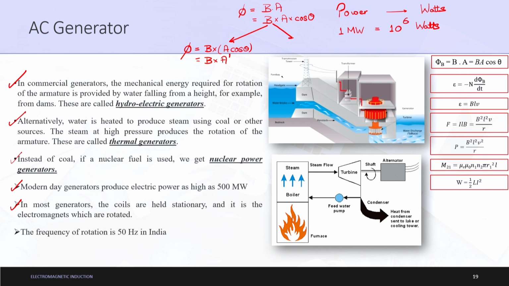What we will do now is that magnetic flux will be nothing but B cos theta multiplied by A. To make it analogous, it is nothing but the effective magnetic field acting on that particular area. The only change is this: the value of B is the same, just A cos theta is being used, B into A dash or B dash into A.